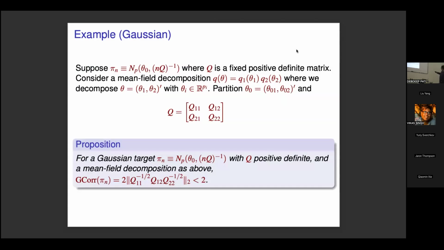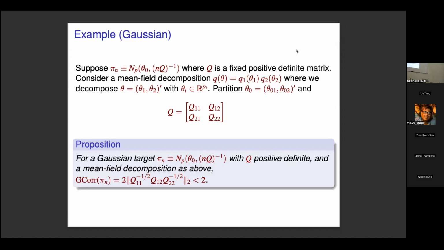Now, just to illustrate the idea for the very simple Gaussian model with precision matrix n times Q, which is often encountered in Bayesian problems, what we have seen is that the generalized correlation is actually 2 times the partial correlation between the two blocks, which is guaranteed to be less than 2.